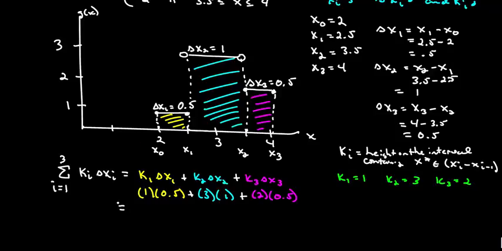So when I do the math out here and add those together, I end up with a value of 4.5. So the total area between the x-axis and the step function is 4.5 square units, whatever that unit happens to be.